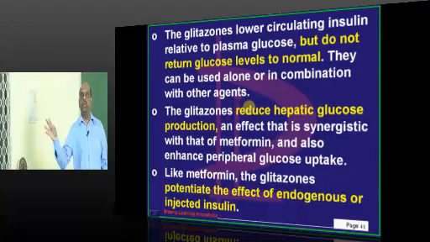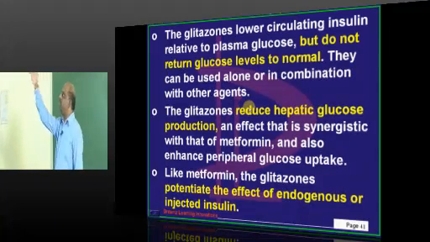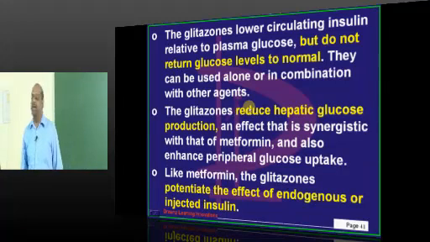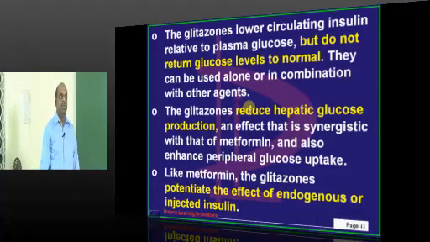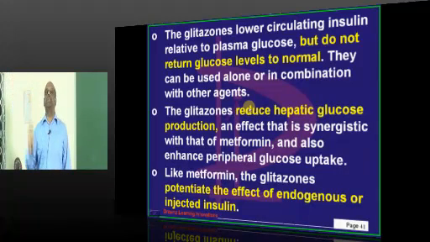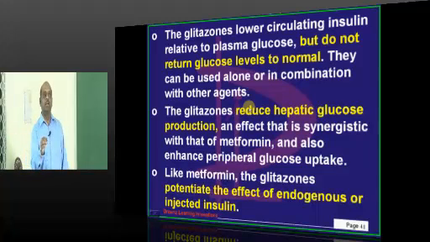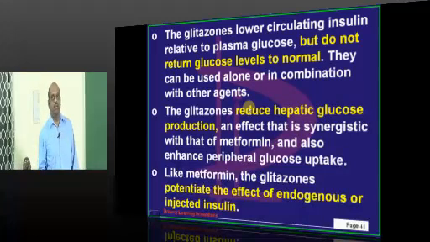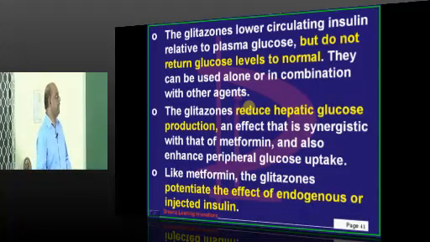So if you give a glitazone and wait for the glucose to normalize from 250 to 150, it doesn't happen. So there is a reason they are given as an add-on drug to a main drug like metformin or sulfonylurea, but not as a standalone drug, which is what needs to be remembered.